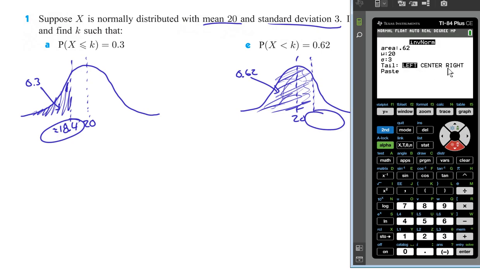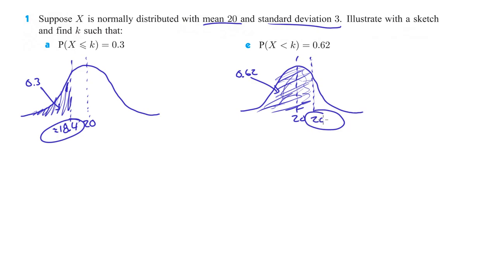Even if we do want the rightmost, in this video I'm probably always going to show you the left, because not all calculators have this on here. So I might show you a little bit of both. But anyway, paste. And that gives us that this value right here is going to be about 20.9.